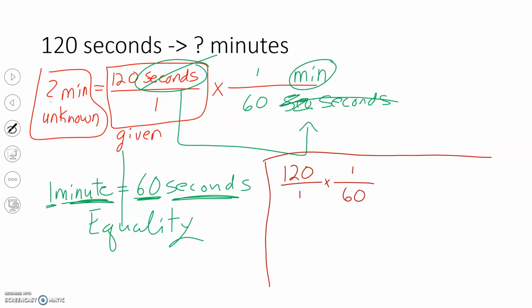This is going to be the same as doing 120 times 1 divided by 60. So 1 times 120 is 120, 1 times 60 is 60, and you should be able to punch this into your calculator, and you end up getting your answer of 2 minutes.